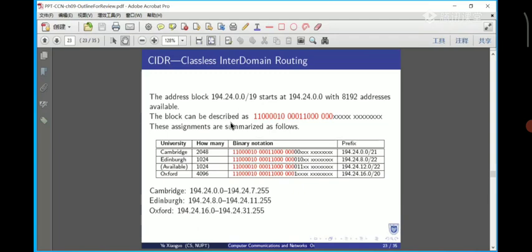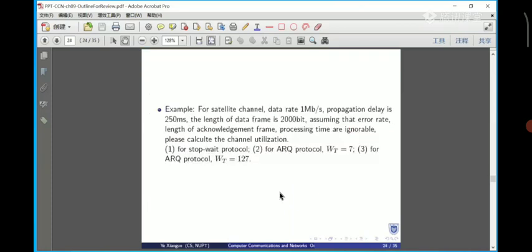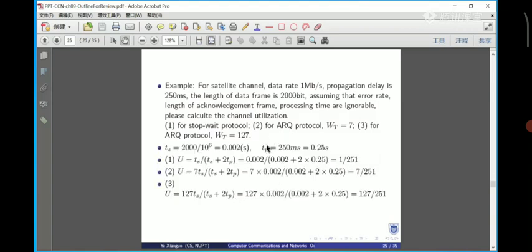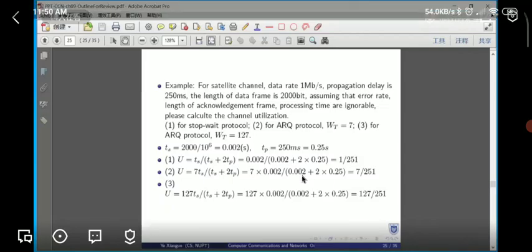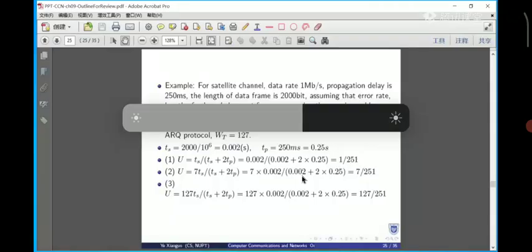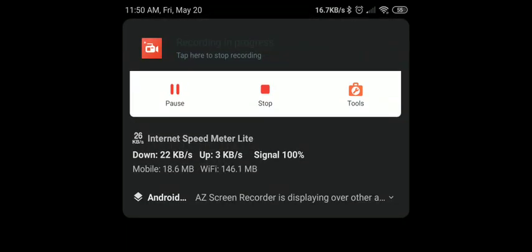So we explained this kind of examples, and we reviewed data link protocol, the utilization of data link protocol. For example, ARQ protocol, stop and wait protocol. So if you understand the principles of this kind of protocol, I think it is not difficult.